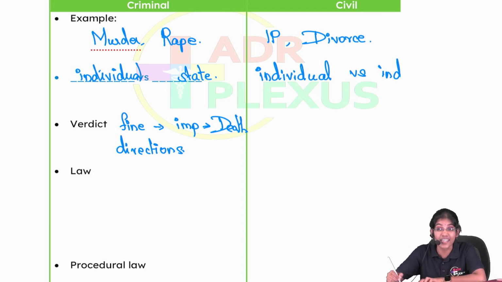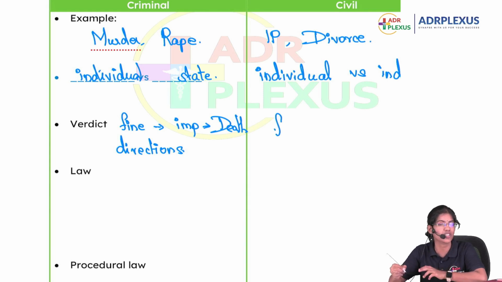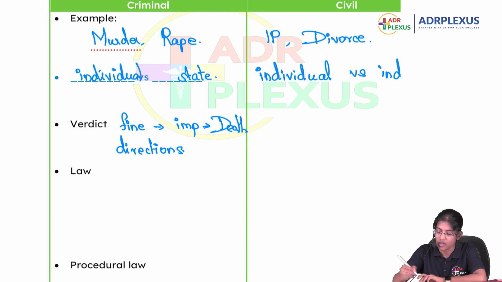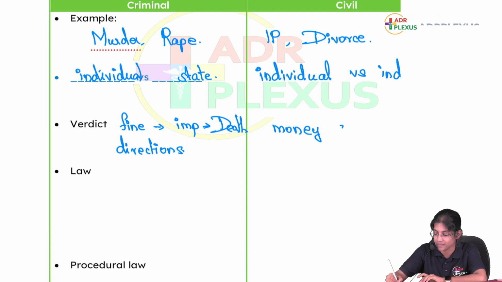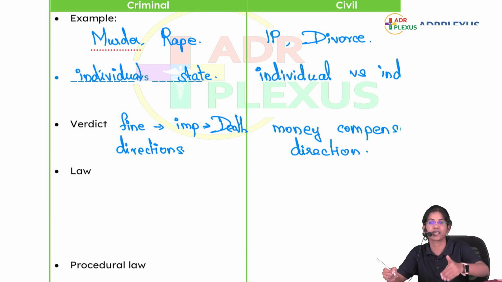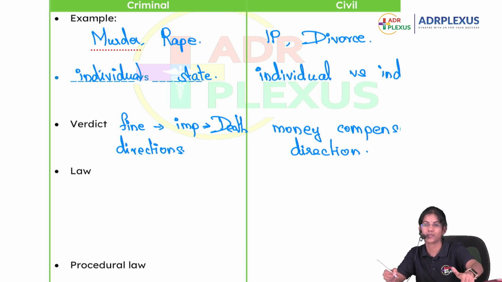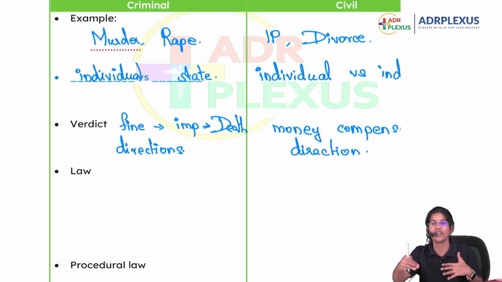Now, in civil cases, they can give mainly a fine, which is actually not a fine. You can call it a compensation. So a monetary compensation is given, and another thing is directions can be given. Give this particular property back to him, give this particular thing to him. Those are all directions, right?